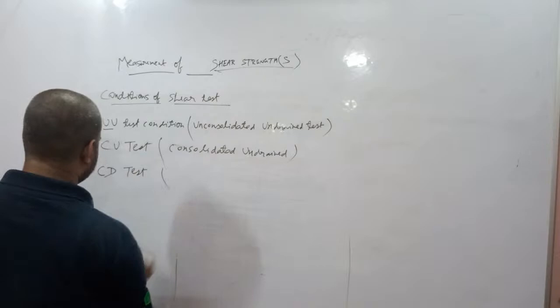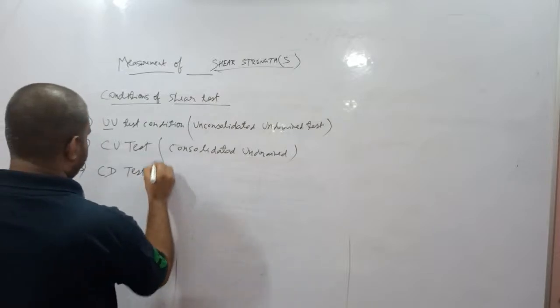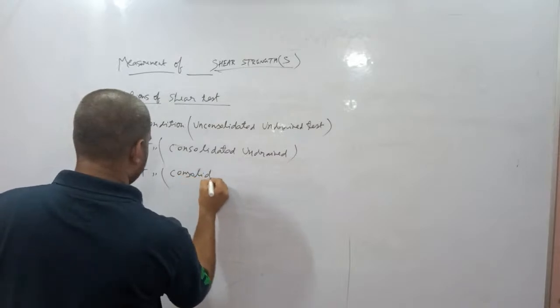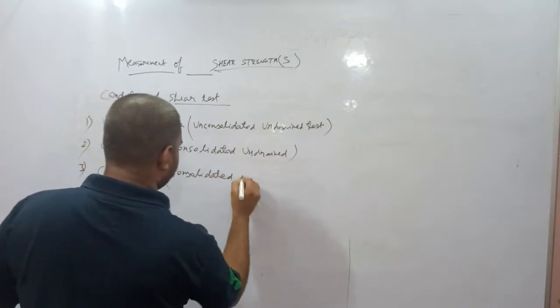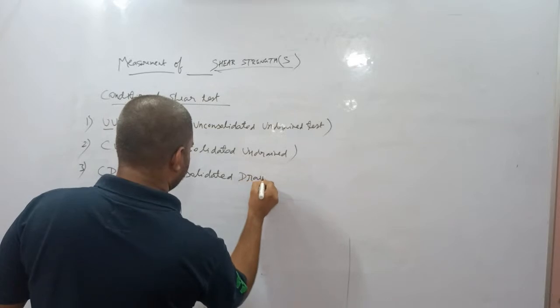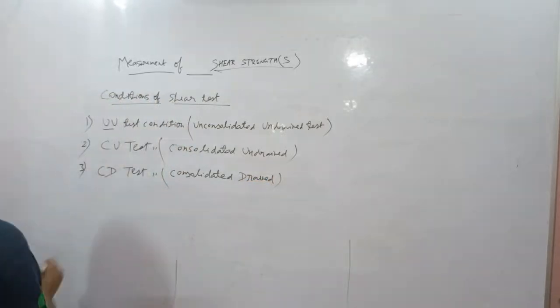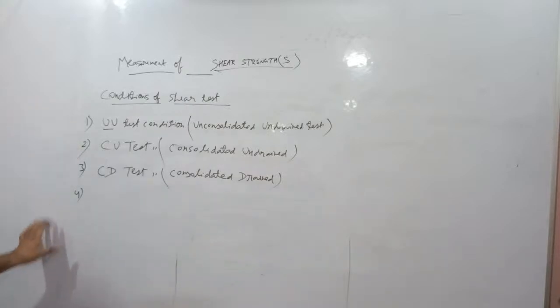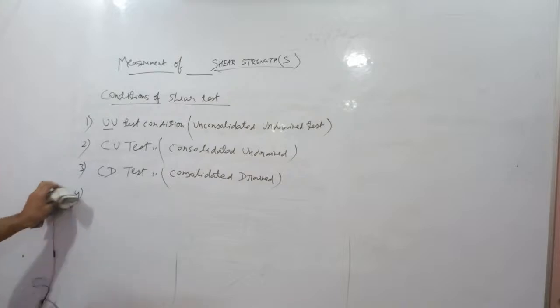These are test conditions actually. CD means consolidated, drained. And a fourth one is also there, but it is actually not in use, so there is no use of discussing the fourth one.